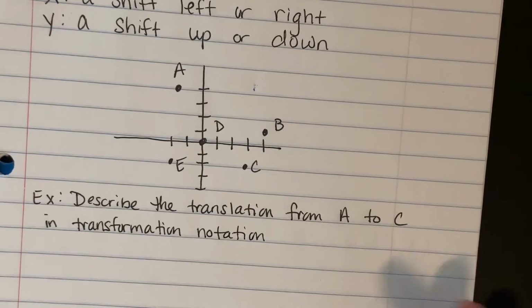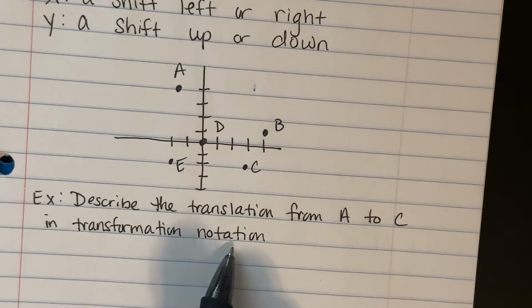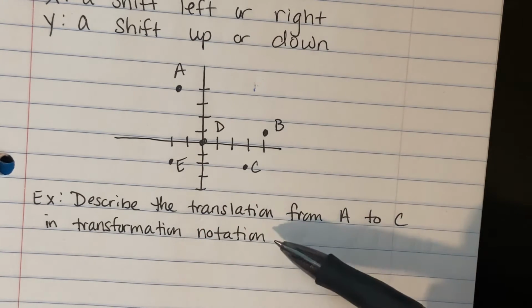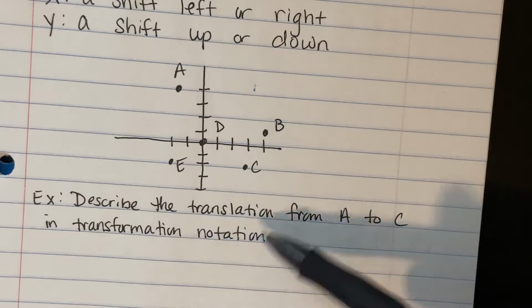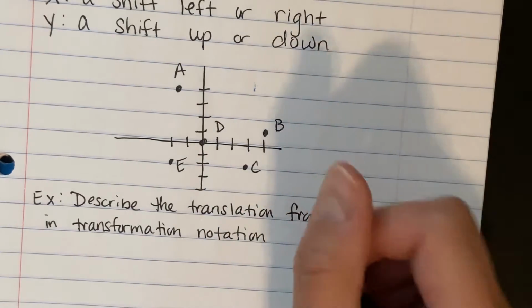I'm only going to write transformation notation because everything we do is going to be in transformation notation. After that, I just want you to realize what the word problem is asking.